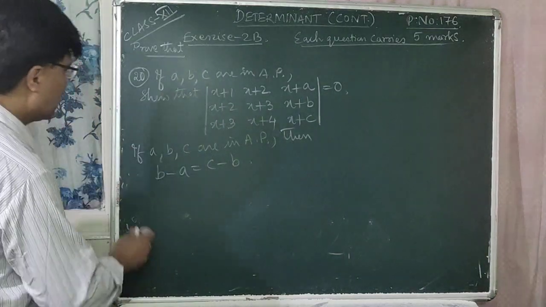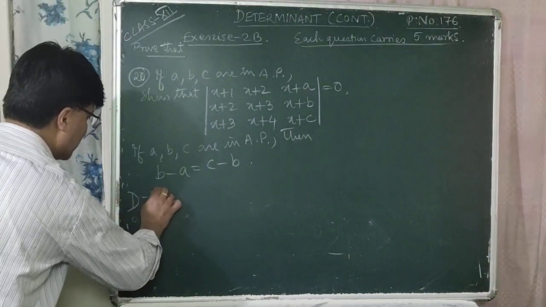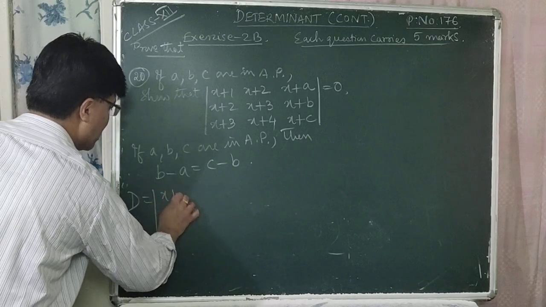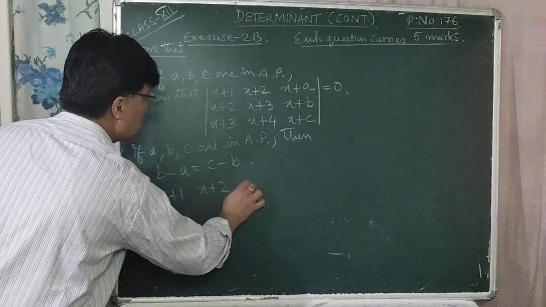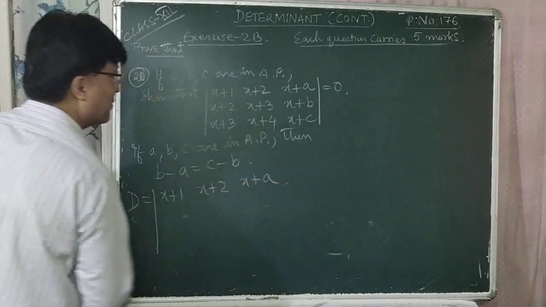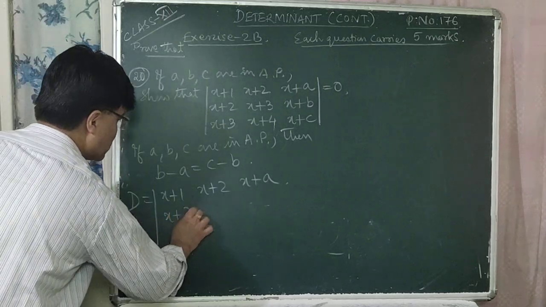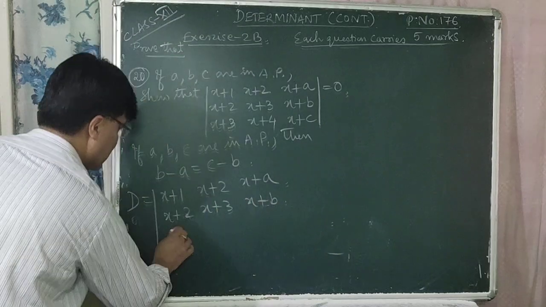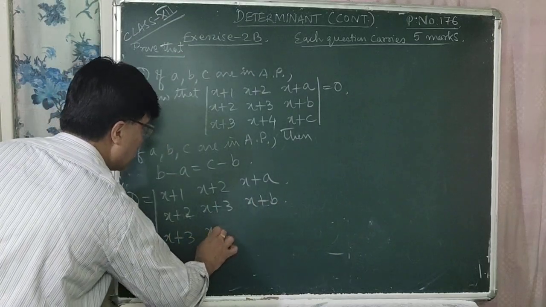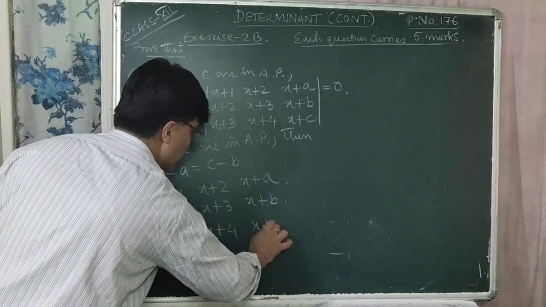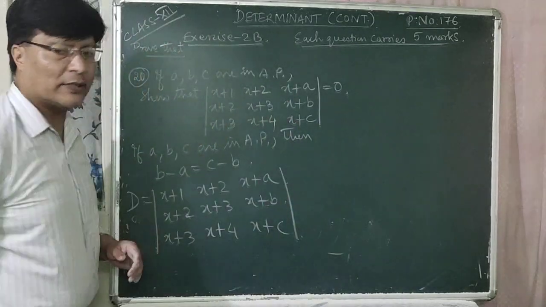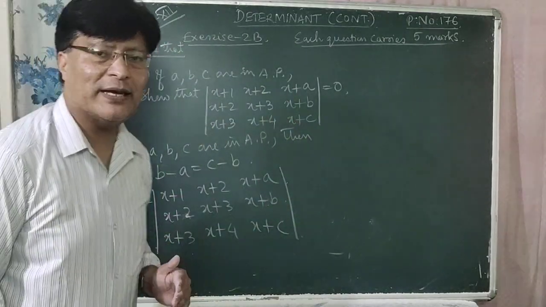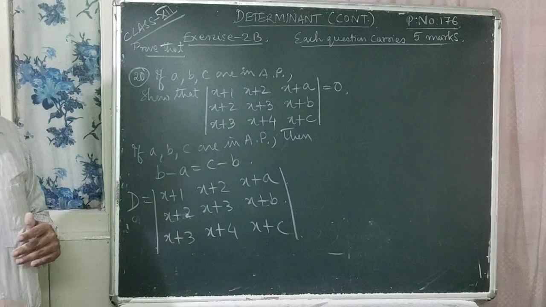Okay, so now let us write down this D. D is equal to the left hand side. What is D here? X plus 1, X plus 2, X plus A. X plus 2, X plus 3, X plus B. Then X plus 3, X plus 4 and X plus C. So now, how can you make this determinant easier?